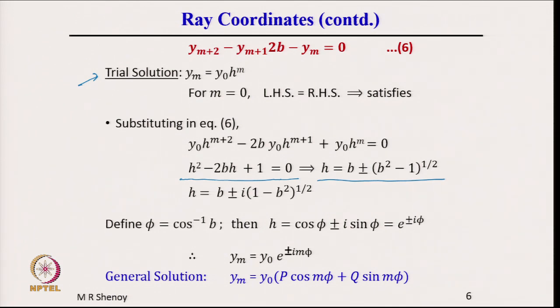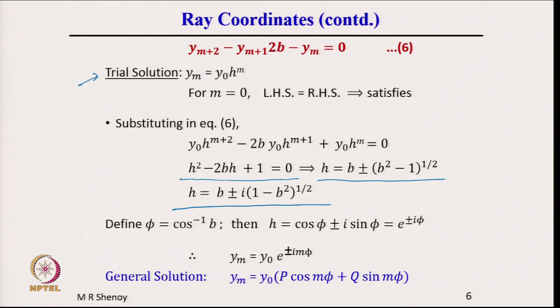The solution of this quadratic equation is h equal to b plus minus square root of b squared minus 1. We want to write this with 1 and b squared interchanged, so h is equal to b plus minus i into (1 minus b squared) to the power half.